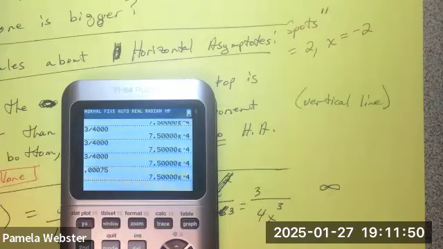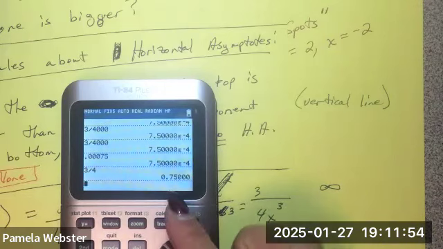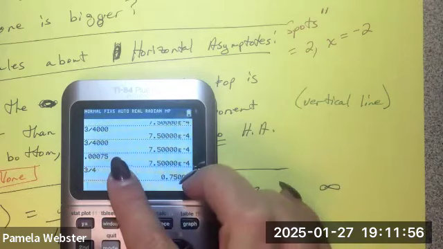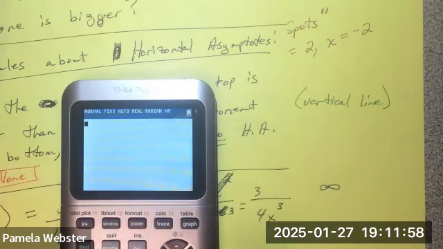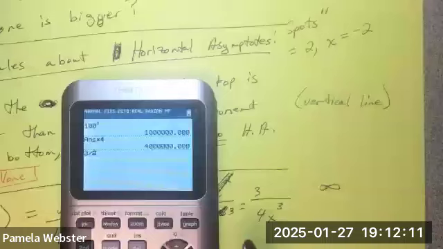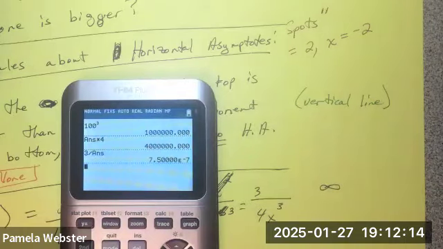But look, I had 3/4 a minute ago when I put in a 1. Now I've got 0.00075. What if I went out to 100? 100 cubed. Okay, that's a big number, right? Times 4. Then I do 3 divided by that.